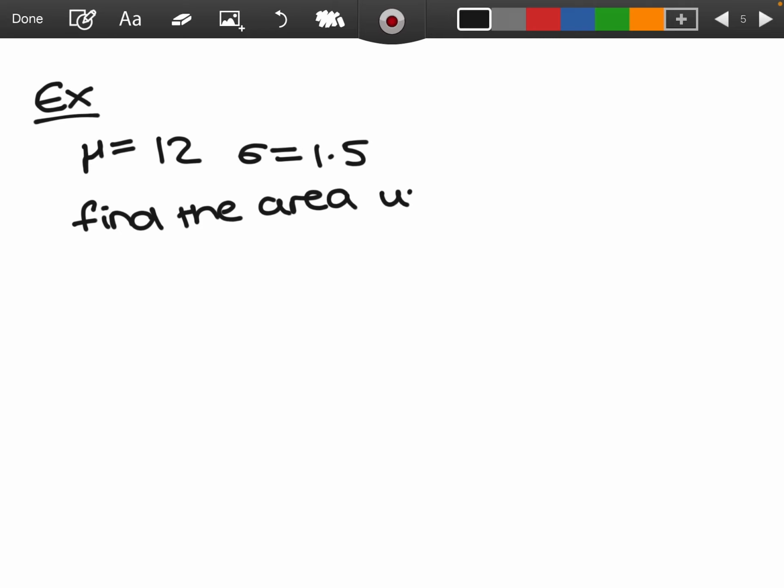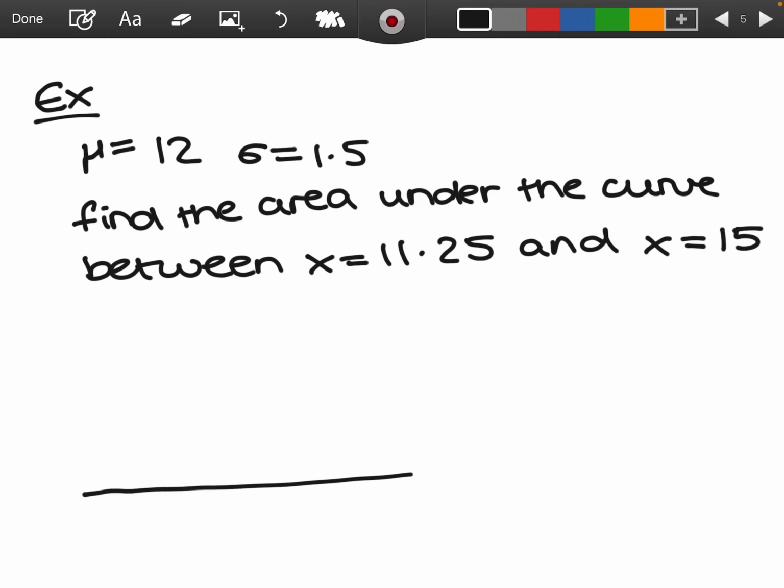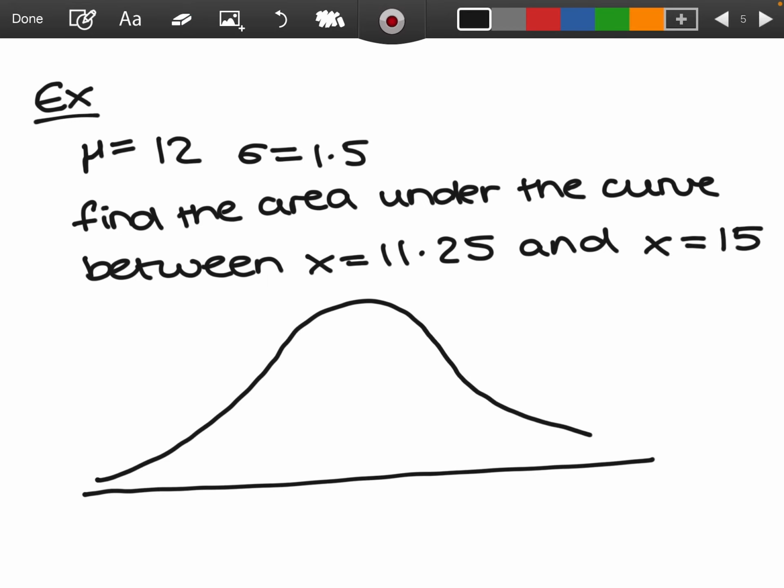We're going to find the area under the curve between x is equal to 11.25 and x is equal to 15. Let's draw this out first, and then we can kind of talk about this in terms of standard normal distribution and how many standard deviations we're looking at here.